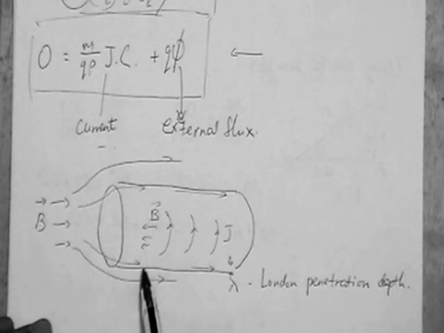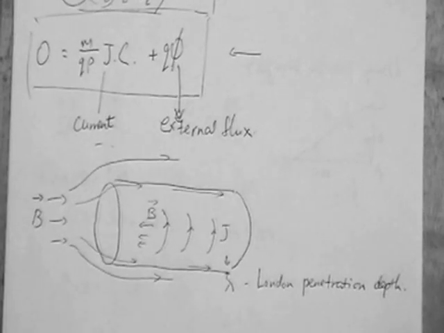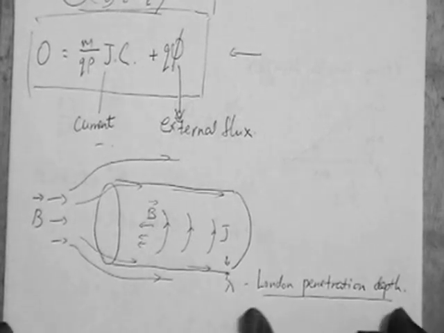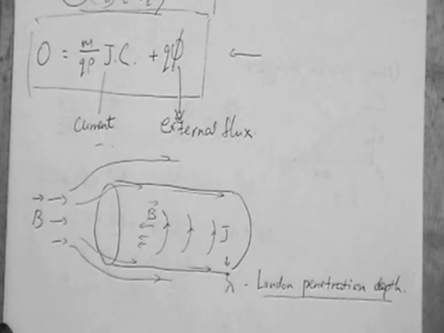So some field must still penetrate into the superconductor for this Meissner's effect to happen. What we're going to do now is to try and derive a formula to estimate this London penetration depth, which I shall call lambda.